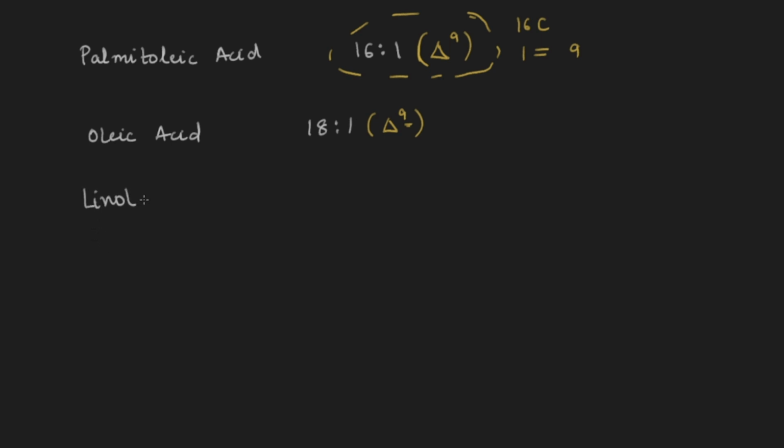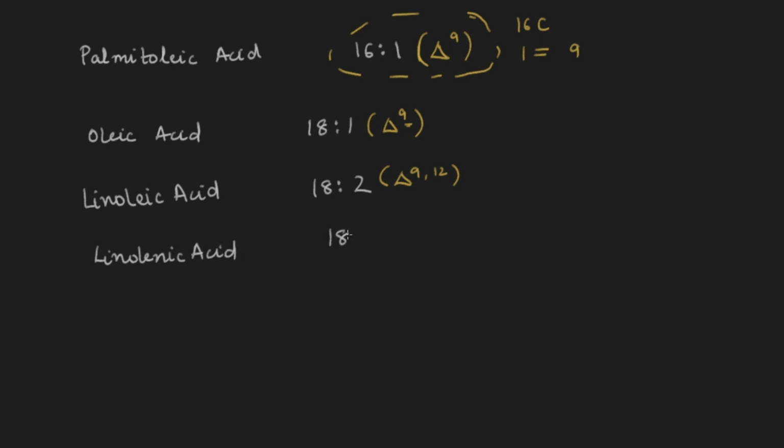Next example, linoleic acid. Linoleic acid is derived from oleic acid, has 18 carbons, but it has 2 unsaturations. At which position? At position number 9 and position number 12. Next example is linolenic acid.